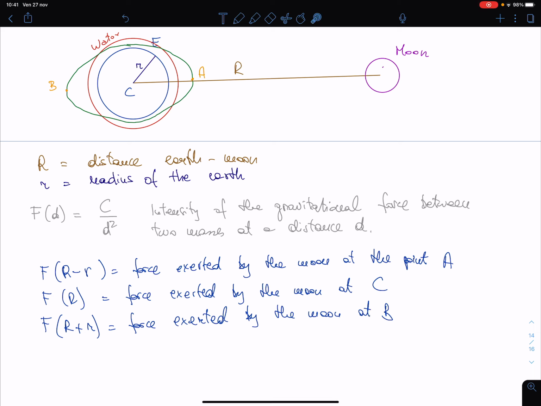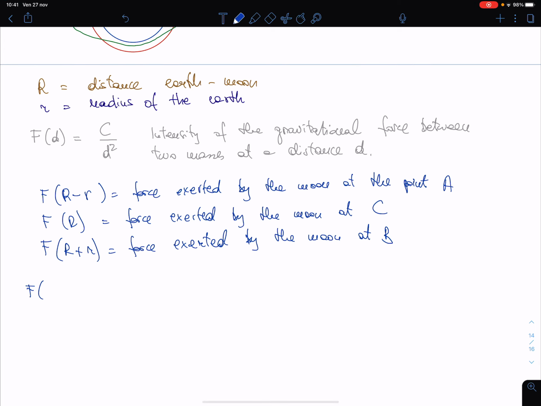And now what we see is the difference. As I told you before, what is important is the difference of the force. What is the difference between the force in A and the force in C. So F of capital R minus small r, the force in A, minus the force F of R is equal to c times 1 over capital R minus small r to the square minus 1 over capital R to the second power.